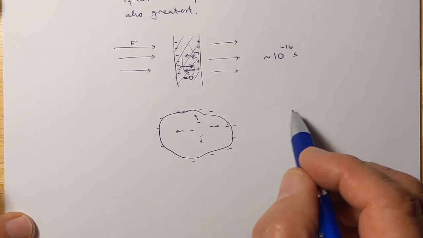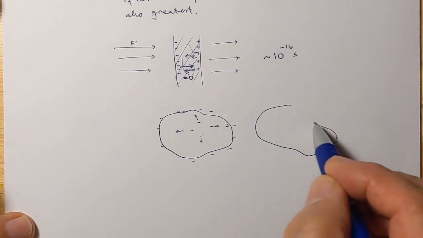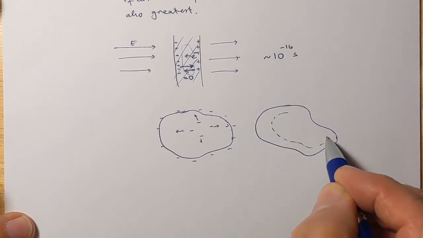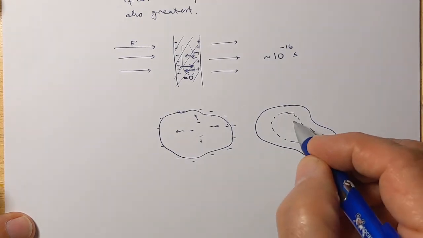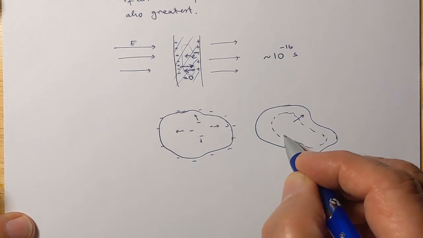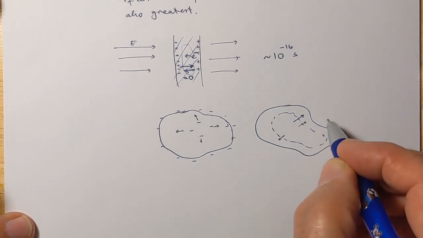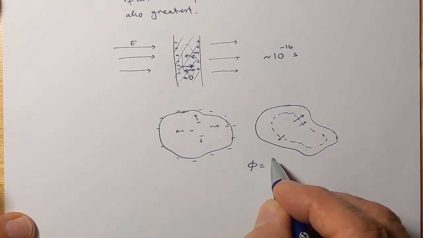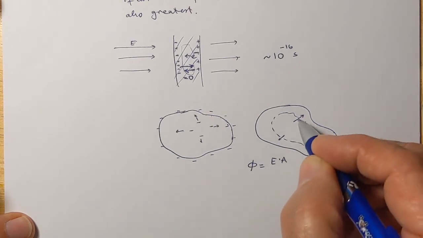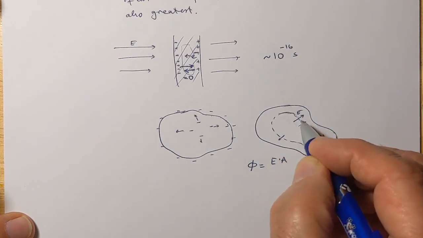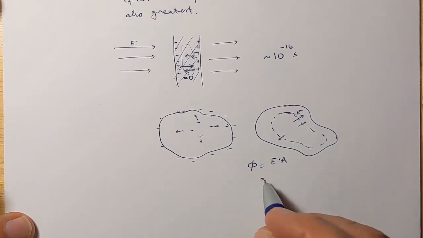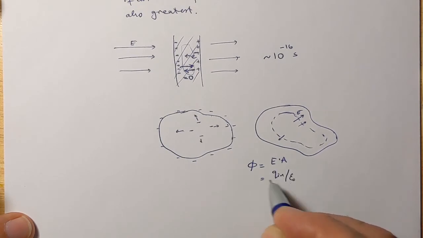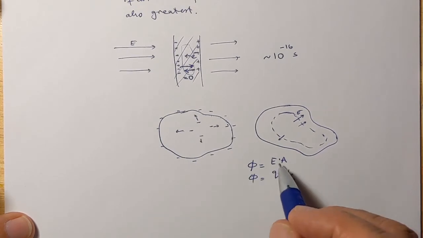We can also see this by Gauss's law. Suppose this is our conductor. We make a Gaussian surface, and then we look at the flux leaving this Gaussian surface, which is E dot A, the electric field E times the area. That is equal to Q inside over epsilon naught by Gauss's law.